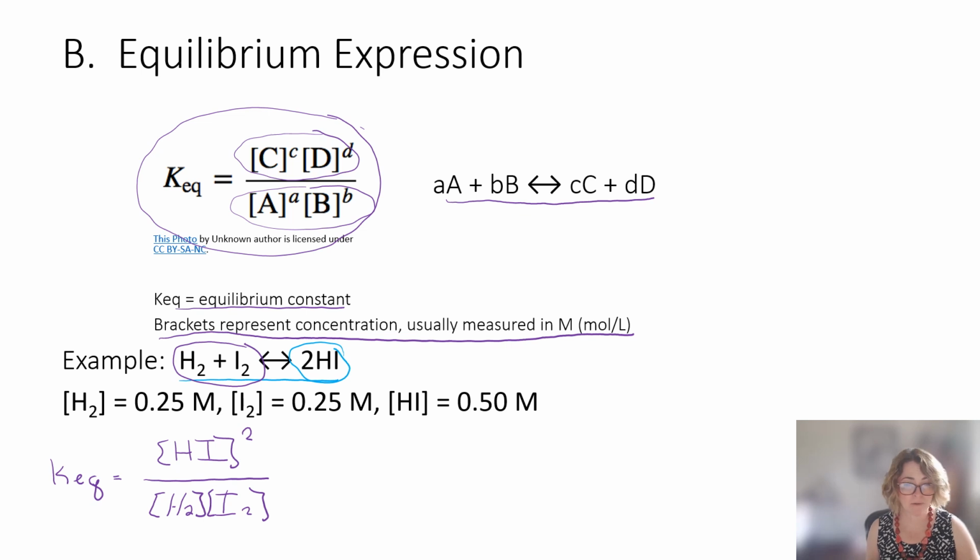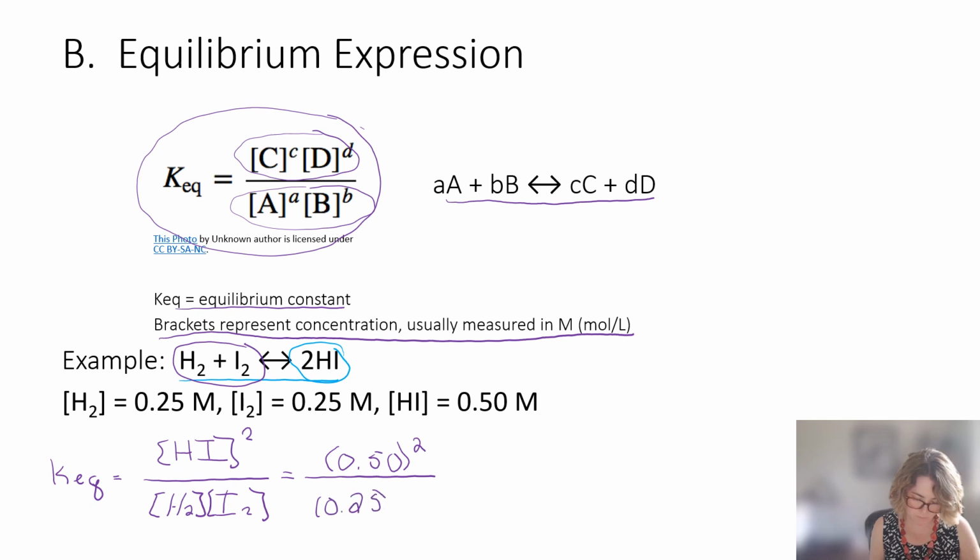I can now take my values and put them into that expression. So I have 0.50 squared over 0.25 times 0.25. Okay.